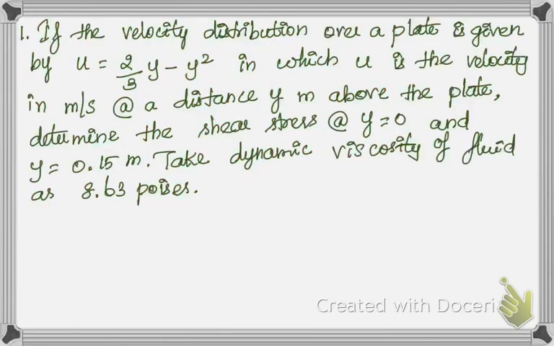The problem given here is: if the velocity distribution over the plate is given by u = 2/3 (y - y²), in which u is the velocity in meter per second at a distance y meter above the plate, determine the shear stress at y = 0 and y = 0.15 meter.